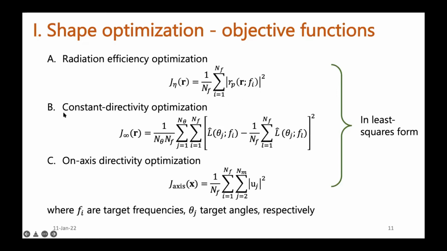And the second is a constant directivity optimization. If we want the directivity pattern over a wide frequency band to become independent of frequency, we can define the objective function at each frequency as the standard deviation of the far field intensity level.